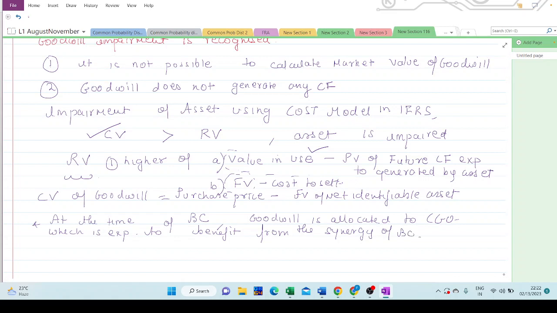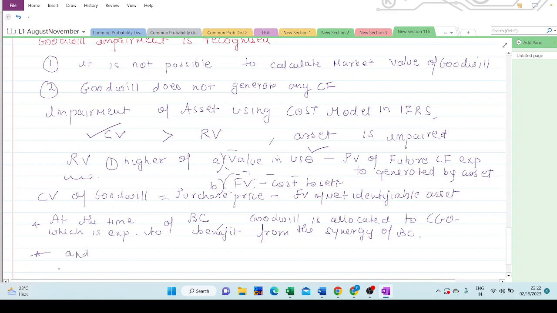Right? And if these expected synergies are not realized in future for some reason, that is, if the CGU does not benefit from the synergies of business combination, a goodwill impairment is recognized. So write this down as well.